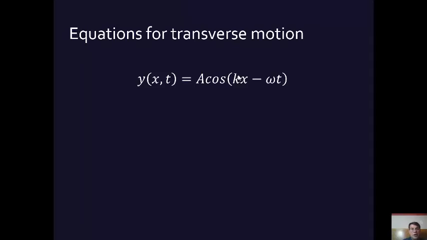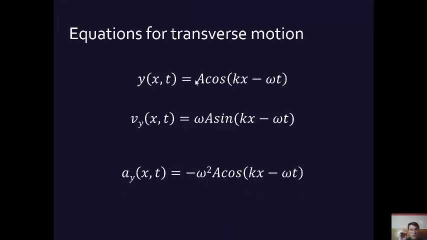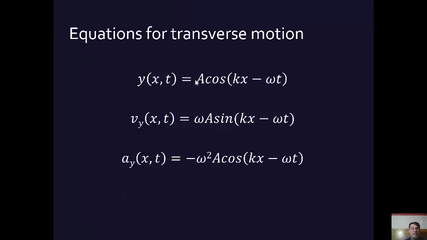So we can use calculus. If you don't know calculus, just memorize the equations. But we can use calculus to get from this description of the transverse position to the velocity with which the position is altering up and down. And then we can also use calculus to get to the acceleration of the up and down motion.